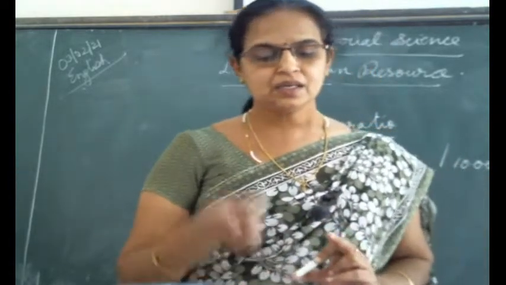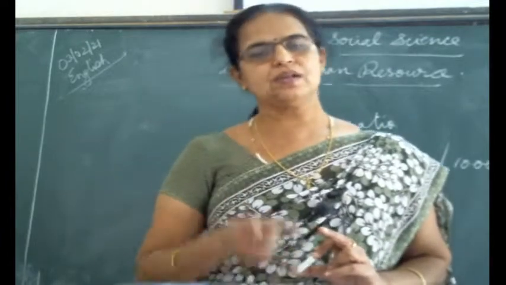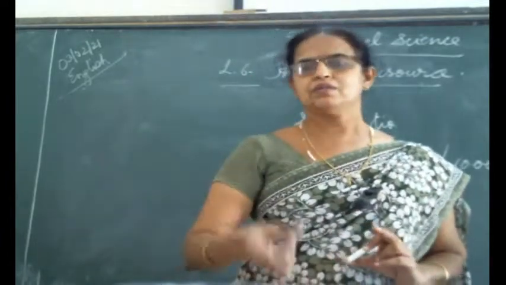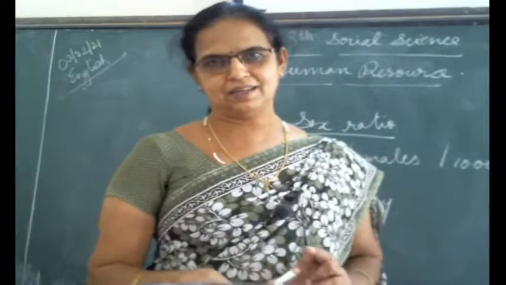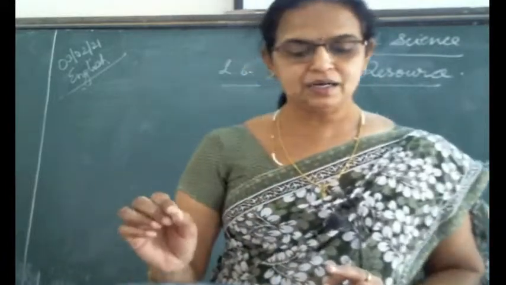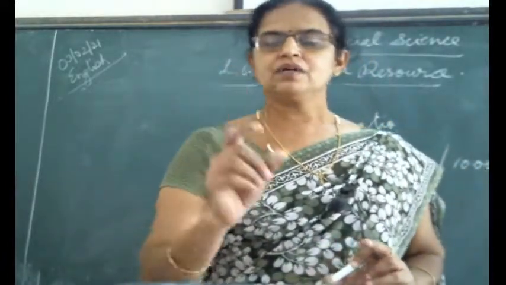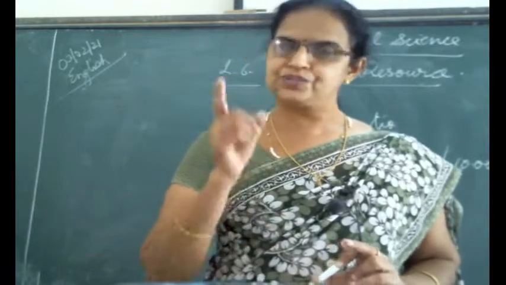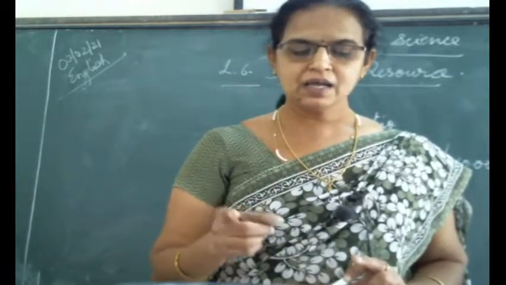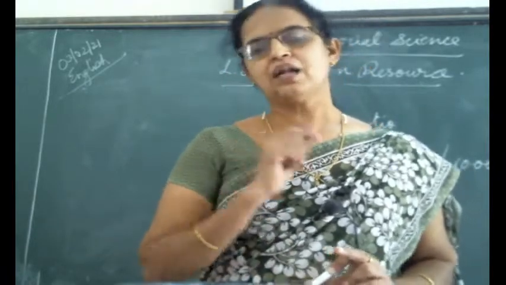Again, see, any individual who is 6 and above, so below 6 we are not considering, 6 years completed, and he or she can read, write and understand any one language.